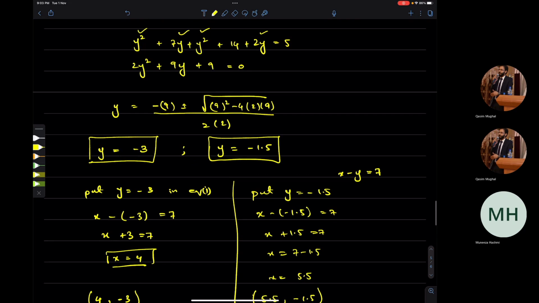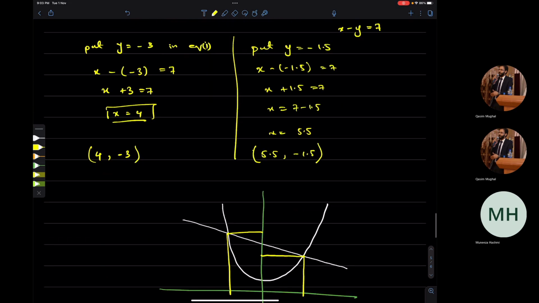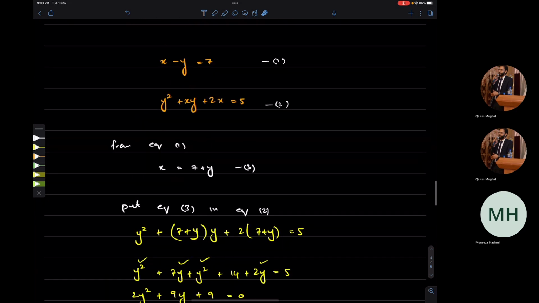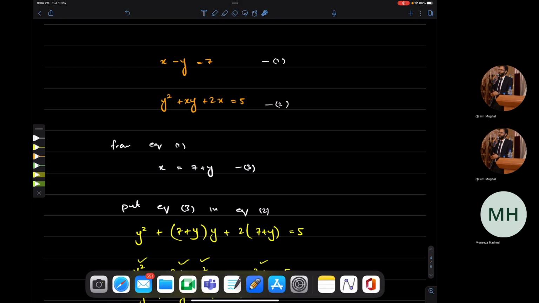Now just to verify this and to show you the exact values, just to support the answer, I'm going to draw the graph of both of these on a graphing software. So one of the equations is x minus y equals 7, and the other equation is y squared plus xy plus 2x equals 5. So let's just do it.